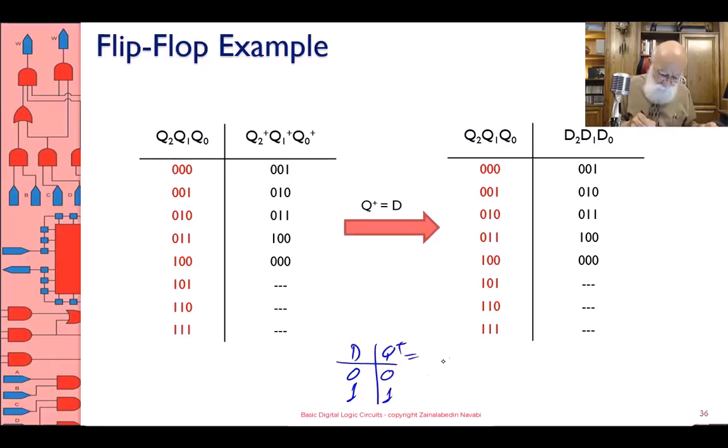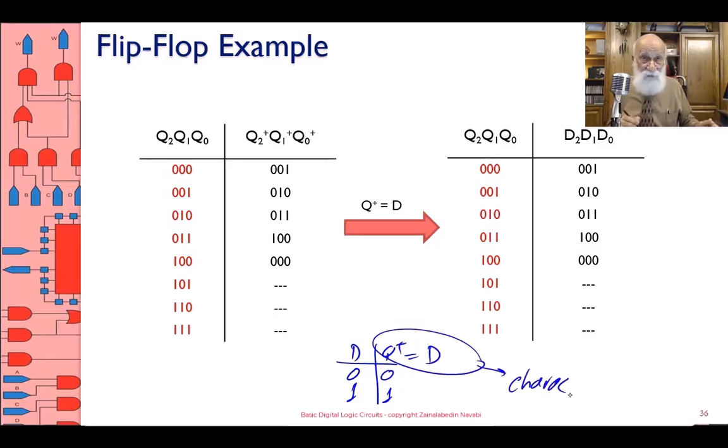What it means is Q plus is D. What it means is what you put on D becomes your next state later. This is the characteristic equation for the D flip-flop. That's why I'm saying it's the simplest. Whatever you put on the D input, clock it, goes on the output.